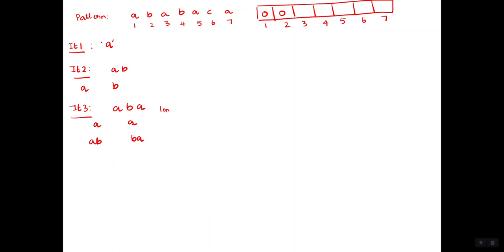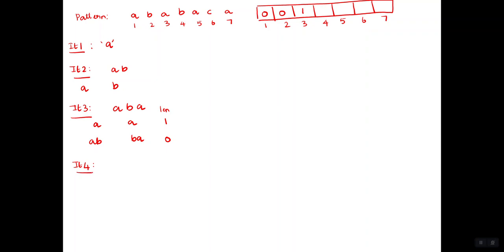Yes, prefix is A and suffix is also A, and length of this thing is equal to 1. Here prefix is AB but suffix is BA. Even though the characters are the same, the substring is not the same. Right, so which means that the length is equal to 0. So the maximum among all these things you have to take. So the maximum value is equal to 1. So the output of the third iteration is equal to 1.